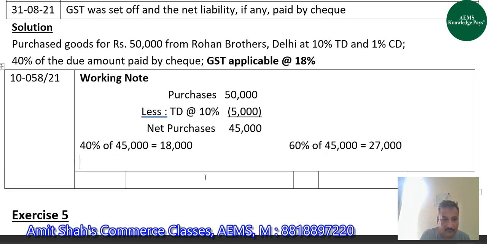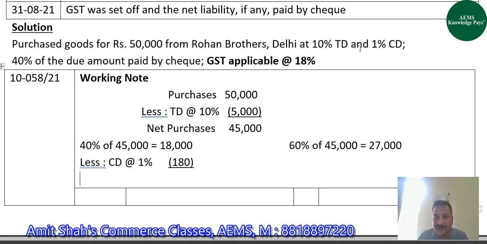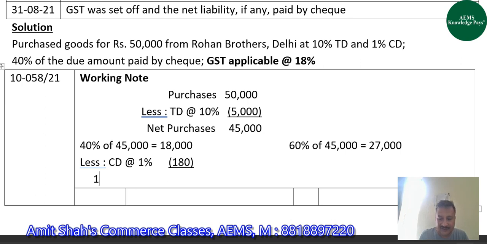So here we will subtract cash discount at the rate of 1% of 18,000, that is rupees 180, because cash discount is given in the question. So now the net amount is 17,820, 18,000 minus 180.